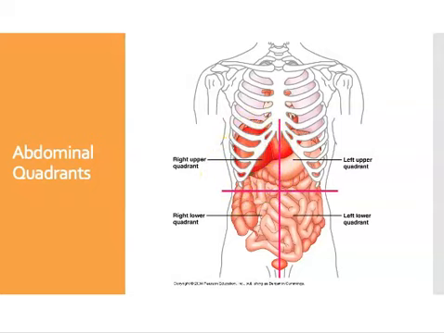In the right upper quadrant, quite a bit of the liver is accessible. Next to that then would be the left upper quadrant, and that's where the bulk of the stomach is located. There's the left lower quadrant and the right lower quadrant.